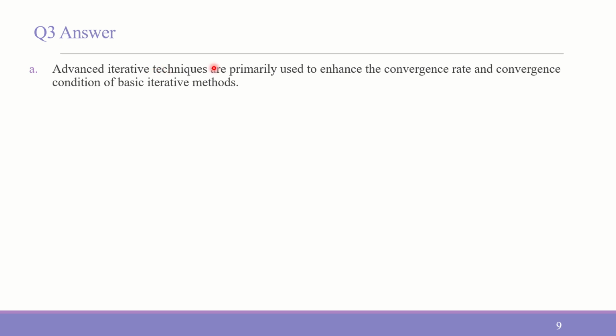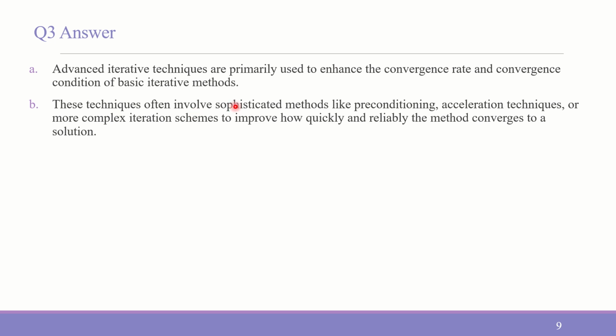Advanced iterative techniques are primarily used to enhance the convergence rate and convergence condition of basic iterative methods. These techniques often involve sophisticated methods like preconditioning, accelerating techniques, or more complex iteration schemes to improve how quickly and reliably the method converges to a solution.